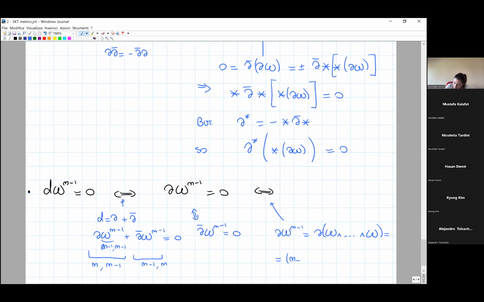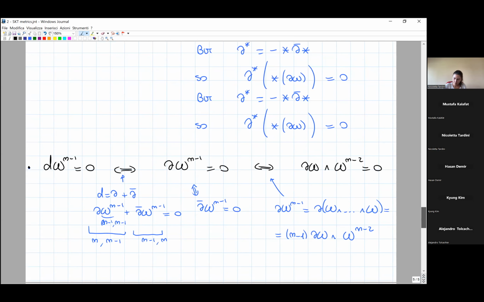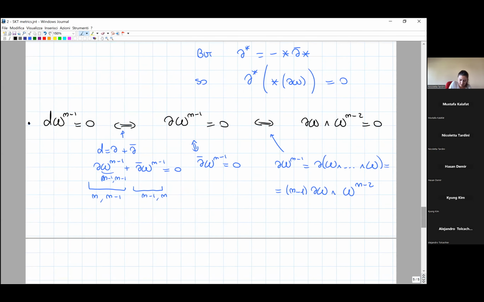So this is just (n-1) ∂omega wedge omega^(n-2), because you apply ∂ omega each time, using the Leibniz rule. So ∂ omega^(n-1) is 0 if and only if ∂omega wedge omega^(n-2) is equal to 0. But this is equivalent to saying that ∂omega is a primitive form.